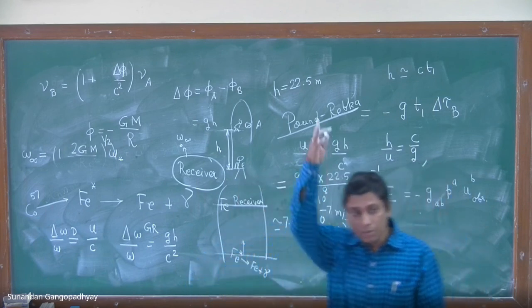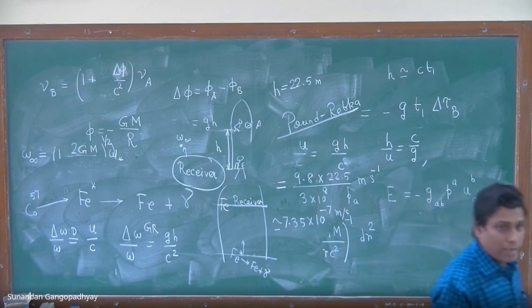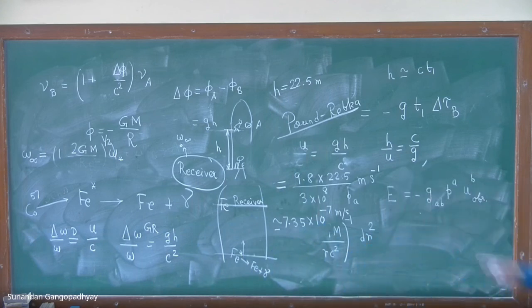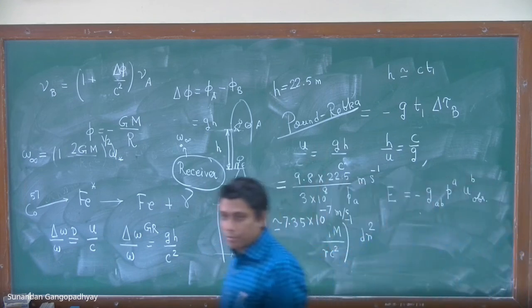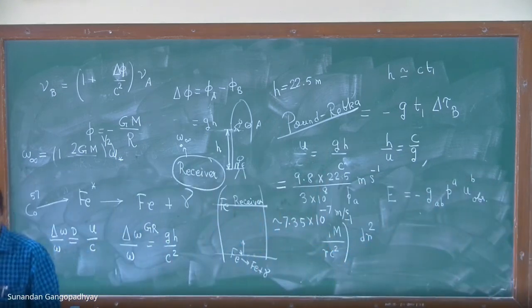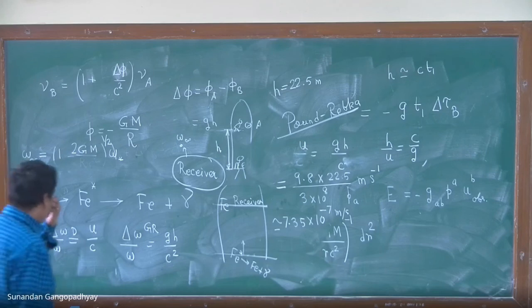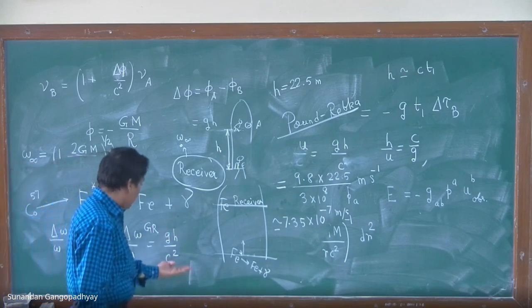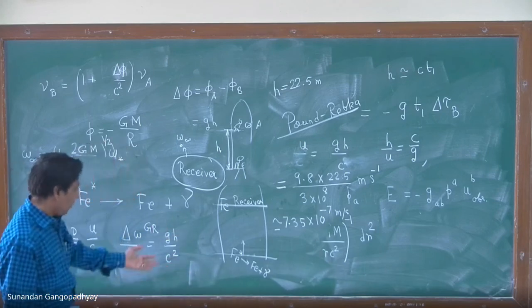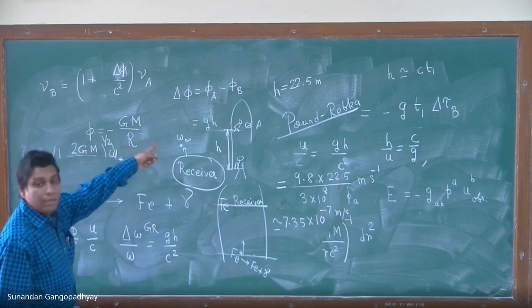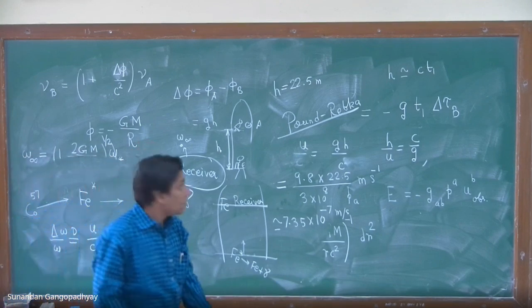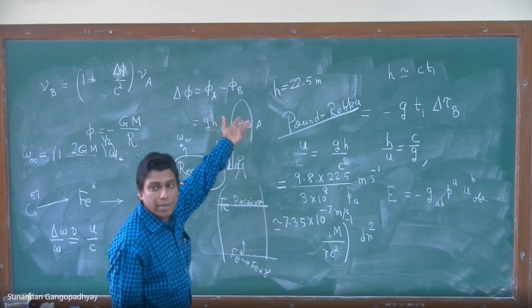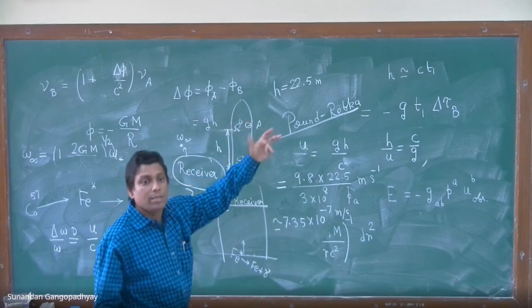Nowadays, even if you go to Burj Khalifa, maybe you will get something, but that is also very small. You can calculate gh by c square for Burj Khalifa. That will not be much. But here, you can actually test what this gravitational redshift is, what this factor is. It's very small, but you can verify a small thing, gh by c square. The Jefferson laboratory height is 22.5 meters, and gh by c square is very small.